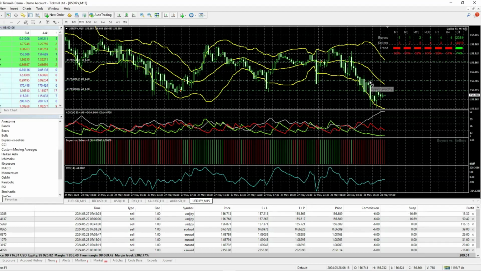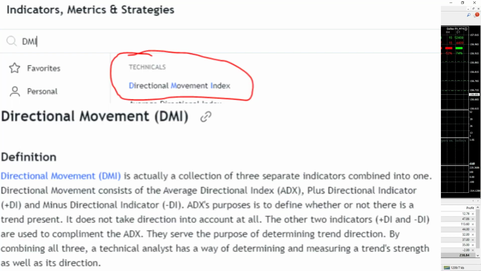So that's perfect. And because I also have my buyers and sellers indicator, you can see here that there are way more sellers than there are buyers right now that are pushing the price down. So this is a very strong signal. And the ADX indicator is basically a signal indicator. If you use this on TradingView, you want to look for the indicator called DMI.